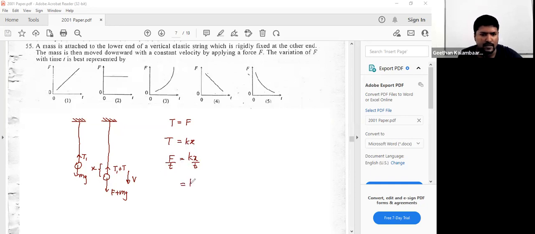So we can write that down as F equals Kv times t. Here v is a constant and K is a constant, so these are constants. So it's a y equals mx type of graph that we're getting here, and that is the first answer.